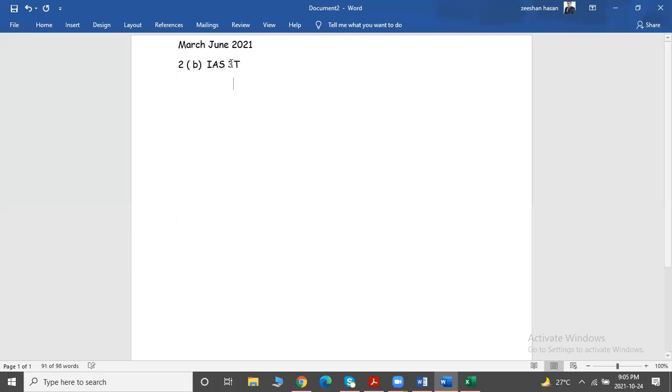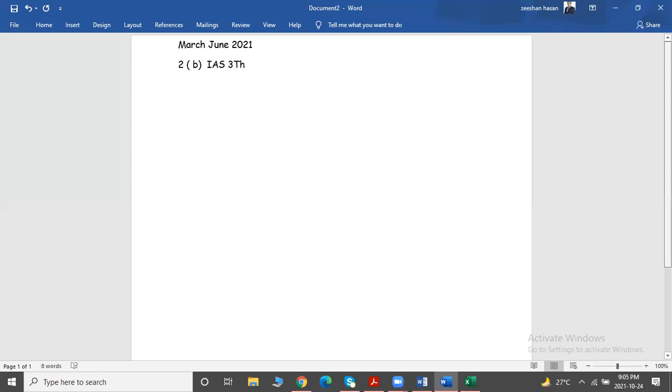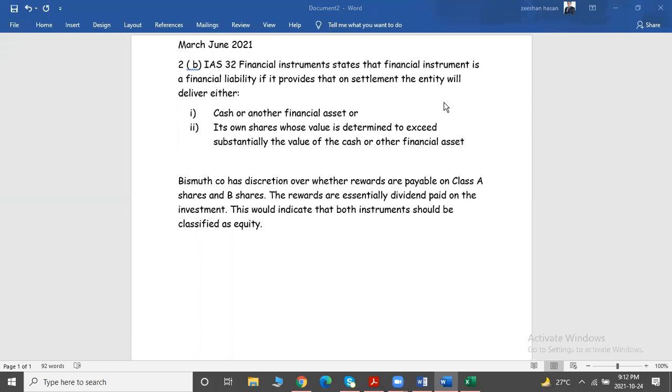So what I have said so far is just the intro to IAS 32, and then we started connecting it with the scenario: this company has discretion over whether rewards are payable on Class A and Class B shares, and the rewards are essentially a dividend paid on the investment.